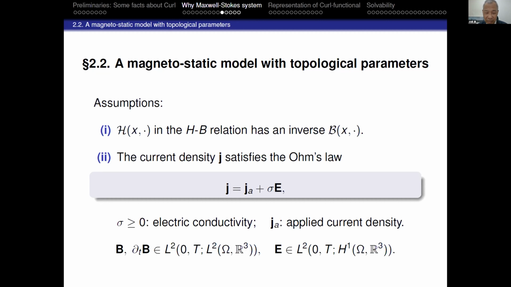We assume also that the current density J satisfies Ohm's law. It means that the current density J not only depends on the given current density, but also depends on the electric field E, and sigma is a non-negative constant or scalar function, which is called the electric conductivity. So J equals J_A plus sigma E.